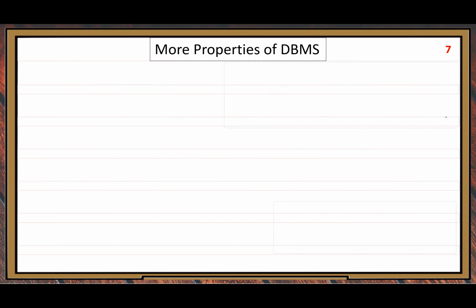More properties of DBMS. Think about how people build them. Here we talk about database, DBMS vendors. They build this product, a commercial product, based on some database model.